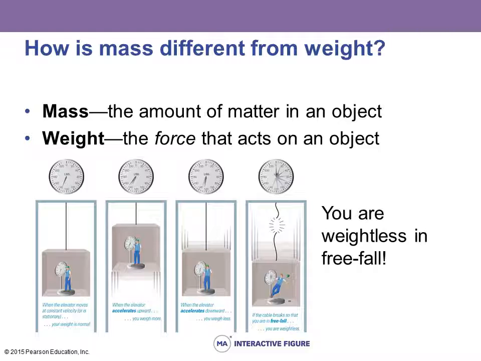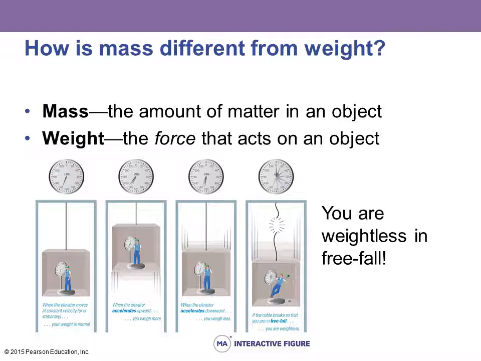So the example of the person in the elevator here is kind of interesting. You would have a certain weight if the elevator is standing still. You would have something different again if the elevator's rising. Different weight again if the elevator's dropping, falling.